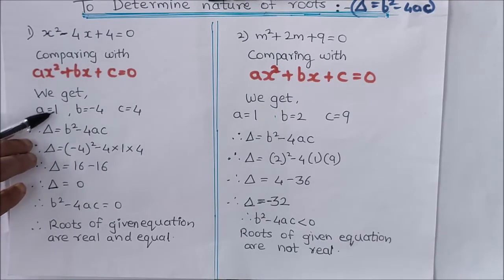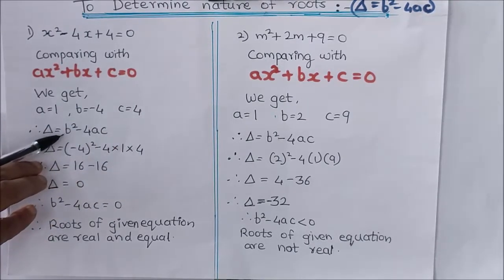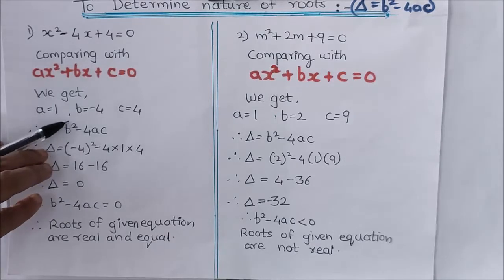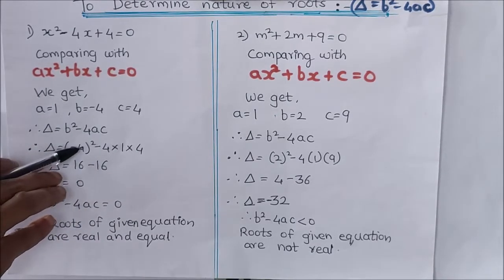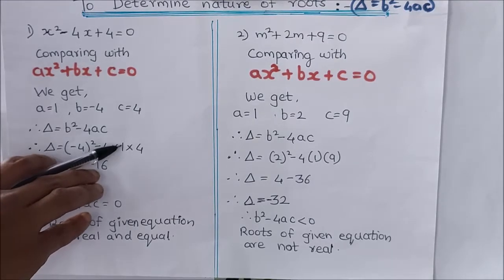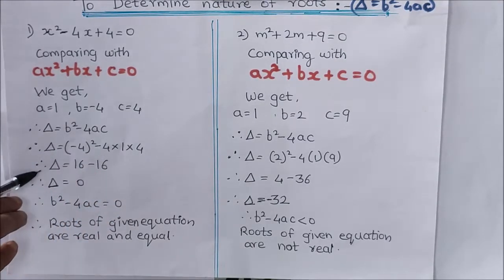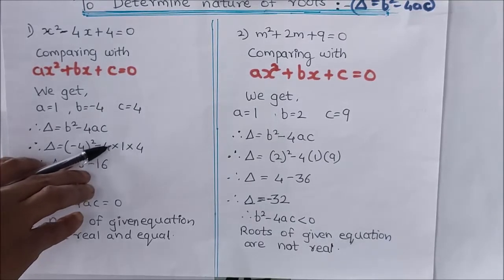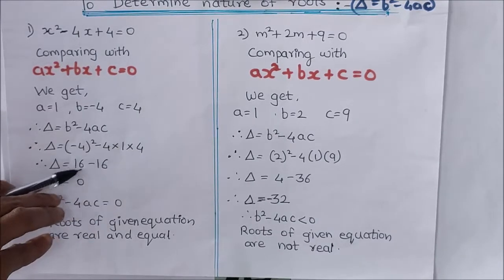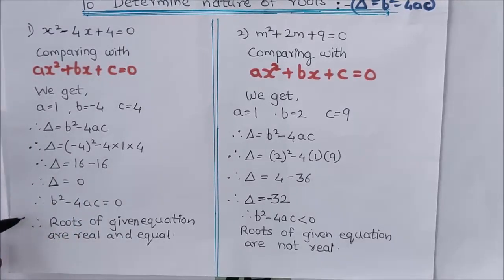Now we substitute the values of a, b, c in the formula delta equals b square minus 4ac. Therefore, delta equals minus 4 square minus 4 into 1 into 4. 4 square is 16, minus 4 ones are 4, 4 fours are 16. 16 minus 16 is 0.